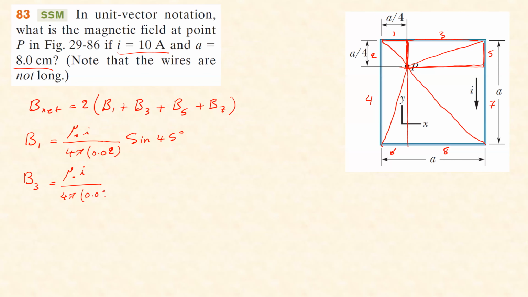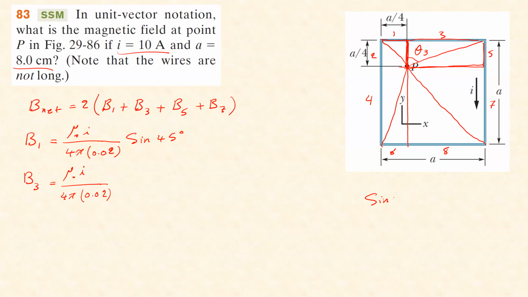In this case, also 0.02, and this angle, sine of this angle, let's call it θ3. And you see that sine of θ3 is adjacent over hypotenuse.